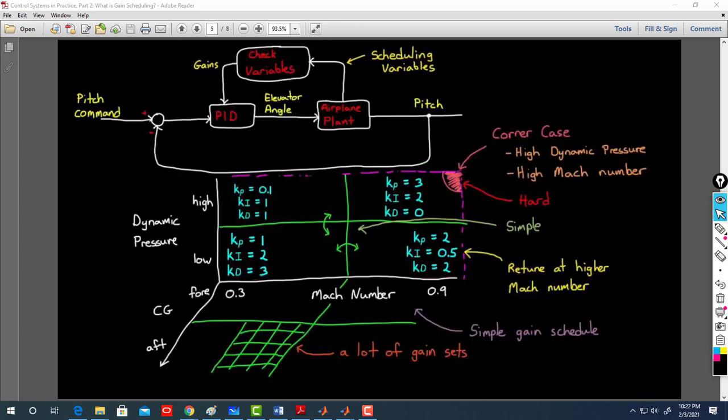Imagine you are in an airplane, in which you have the Mach number. Then the dynamics depend on the Mach number, the dynamic pressure, the center of gravity, etc. So for each scenario you have a different PID.